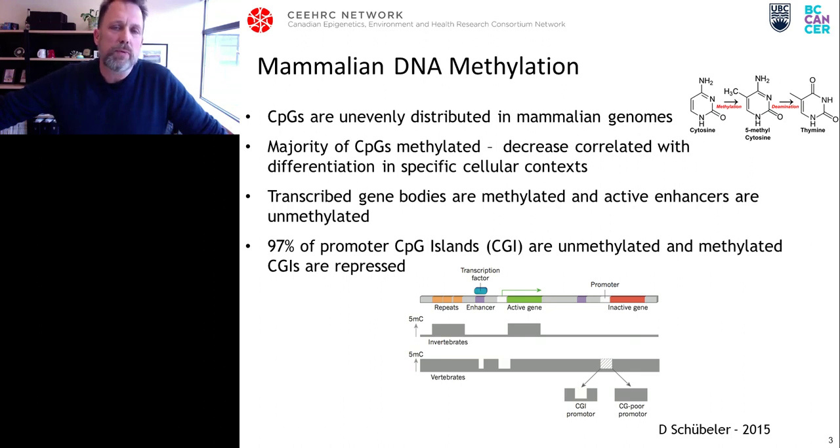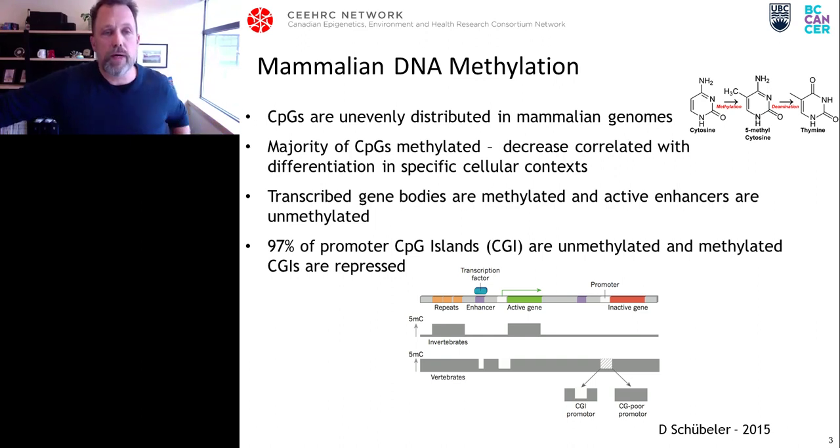But actually, these CpG-rich regions represent the ancestral CpG content of the genome. And over the eons, through spontaneous deamination, other CGs have been lost. But these CpG islands have been maintained, presumably under selective pressure, because they act in a regulatory way to control the expression of genes. So CpGs are unevenly distributed in mammalian genomes.